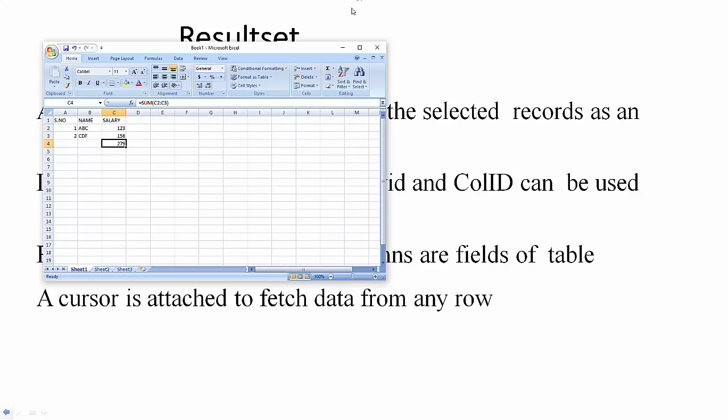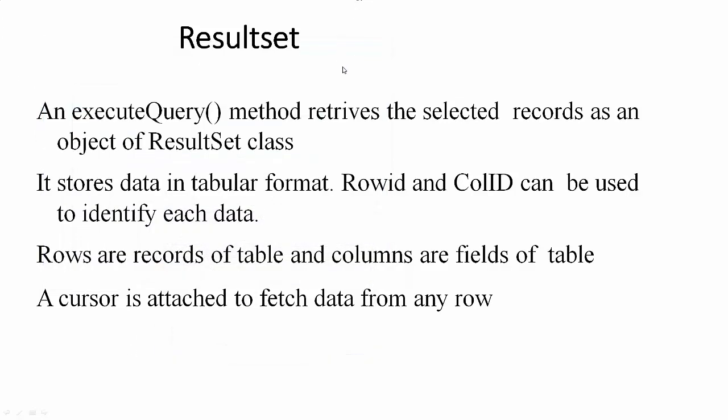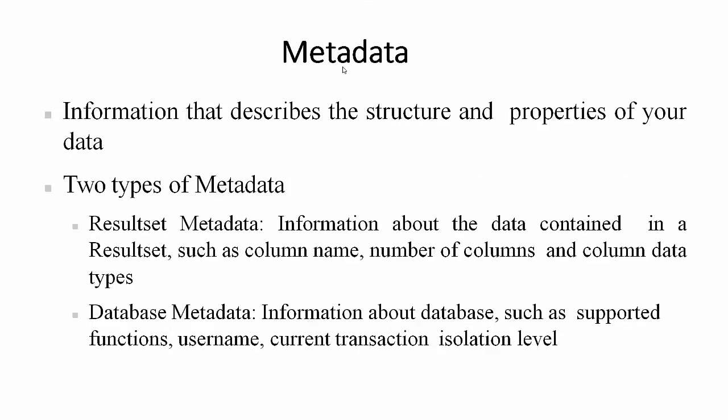Next one, metadata. It is information that describes the structure and properties of your data. There are two types of metadata: ResultSet metadata and database metadata. ResultSet metadata is information about the data contained in a result set, such as column name, column number, and column data types.